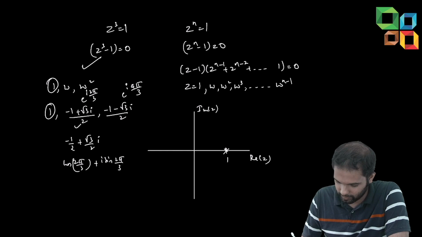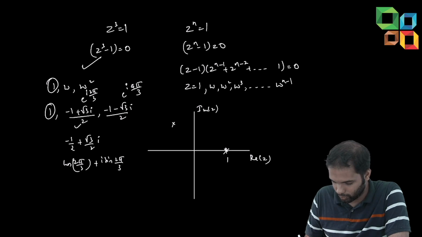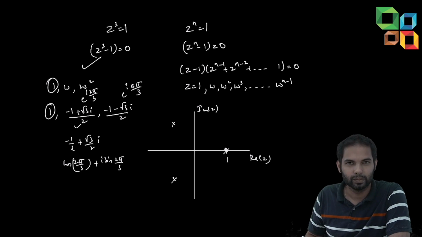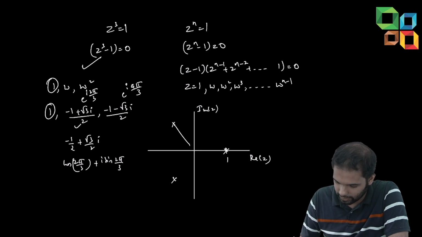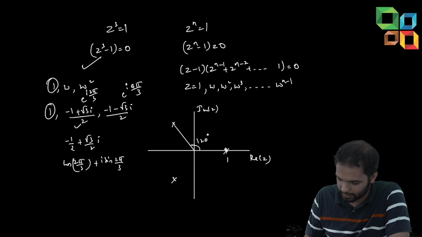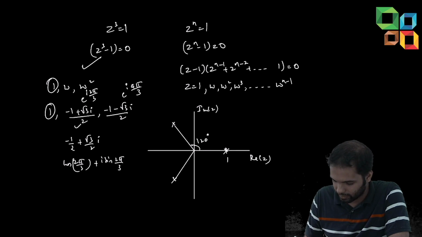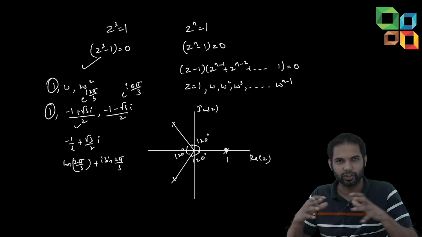So this will be somewhere here, at 120 degrees. Next would be 240 degrees, somewhere here. Can you see what is happening? Everywhere it's 120 degrees, basically. So this is what you're getting.